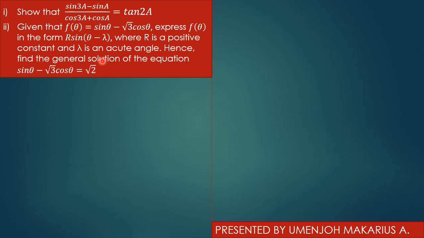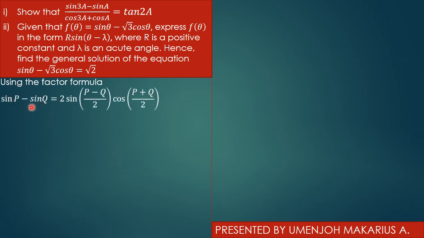So friends, to solve the first part, we are going to start by using the factor formula, because the first part is of the best form for the factor formula. The forms we are going to use are, first, sin P minus sin Q, which is the same as 2 sin((P minus Q) over 2) cos((P plus Q) over 2.